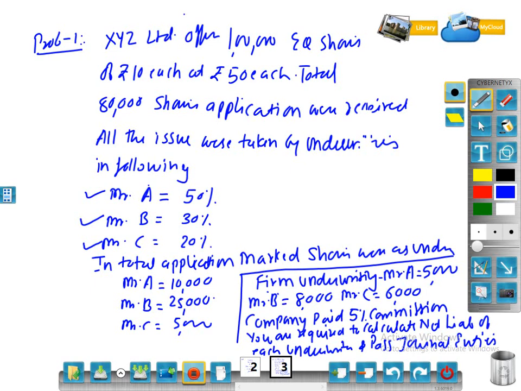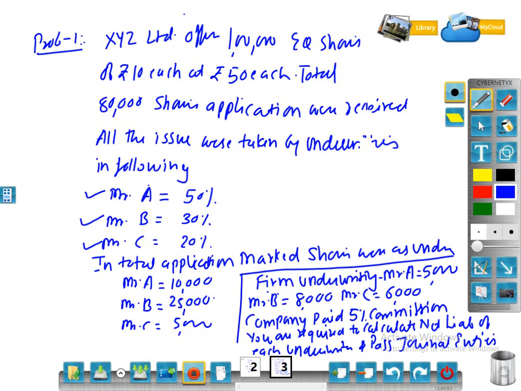Remember, this ratio is called the gross liability ratio. Whatever the shortage will be, they are going to take it in the ratio of 5 to 3 to 2.